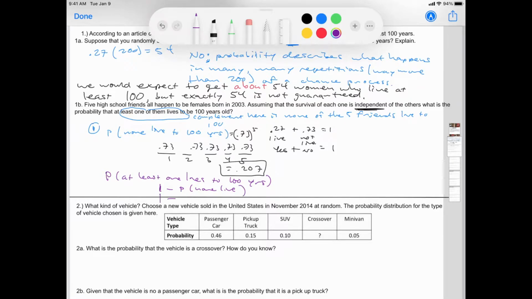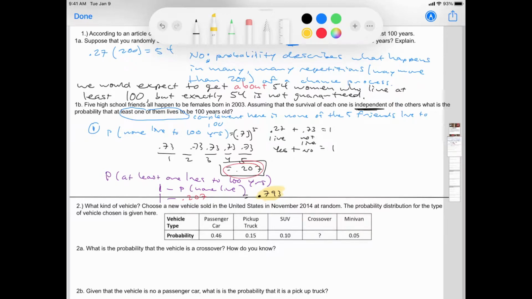So that'll be 1 minus 0.207, and then your answer is going to be 0.793. So that is our answer. Okay, so that's the easiest way of doing the complement.